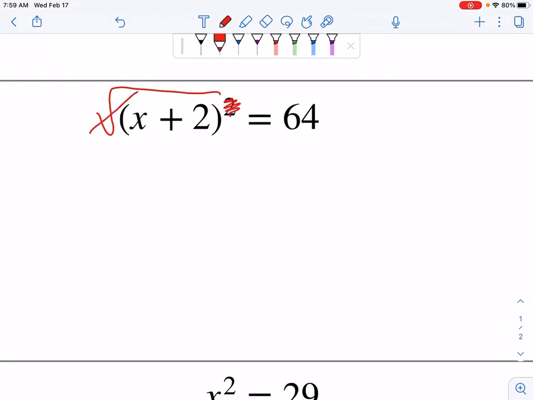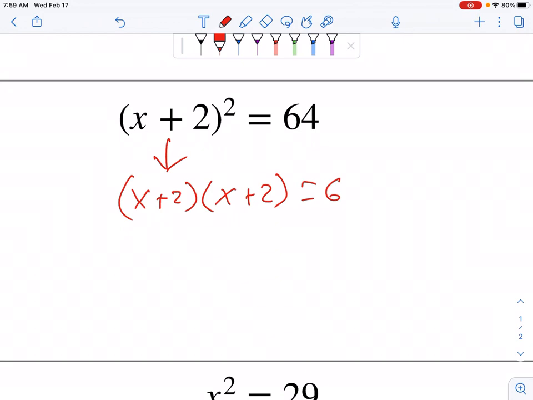What you don't want to do is expand this out to be x plus 2 times x plus 2. That is what this means. But solving using square roots avoids a lot of extra work. You would multiply this out and create a quadratic and then have all kinds of work to do.